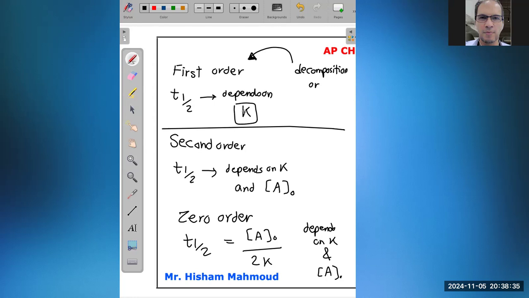How long does this substance stay? Some drugs, after an hour or 6 hours, start to disappear completely. This plutonium will stay 1 million years for its concentration to finish, radiating slowly. So with decomposition or a radioactive substance, as soon as you see that word, you know automatically, even if most questions will not tell you, that I'm speaking about first order and I will apply all the rules from the first order.